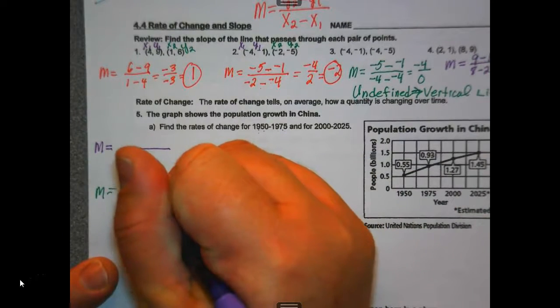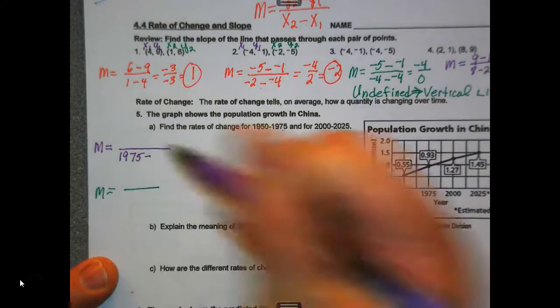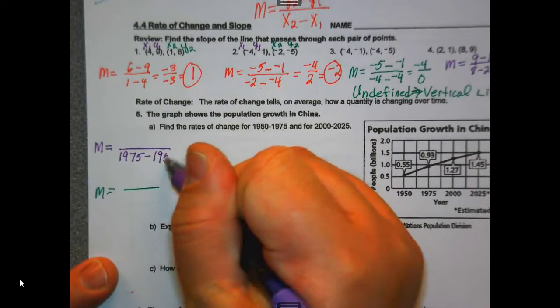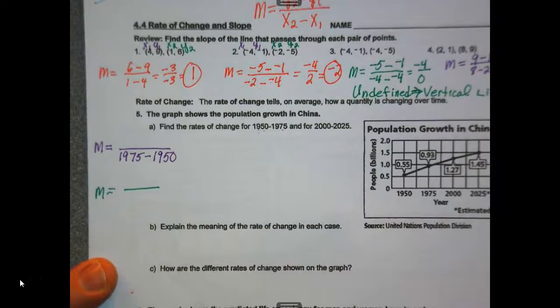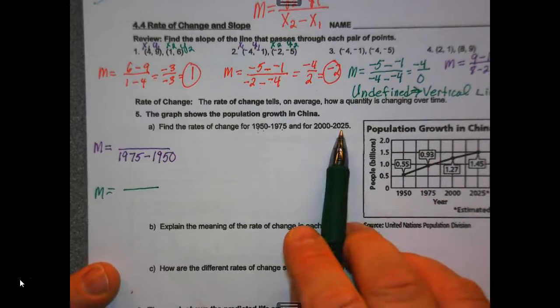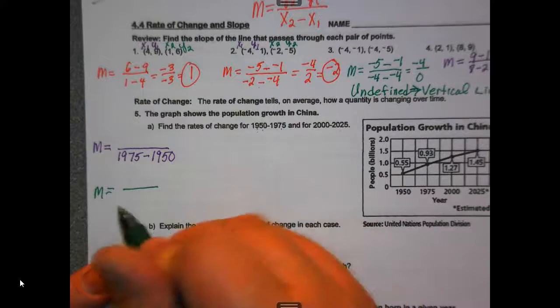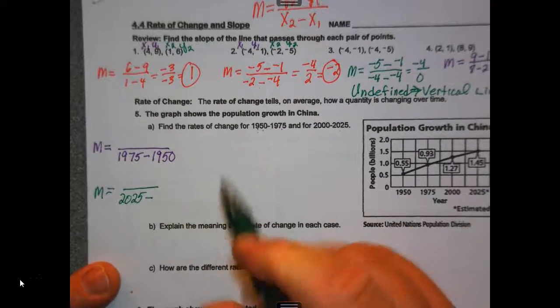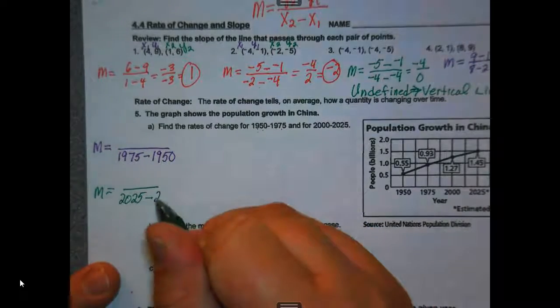So 1975 minus our x1 is going to be 1950, right? Okay. Same with 2000 and 2025. This is our x2, 2025, minus our x1, which is 2000.